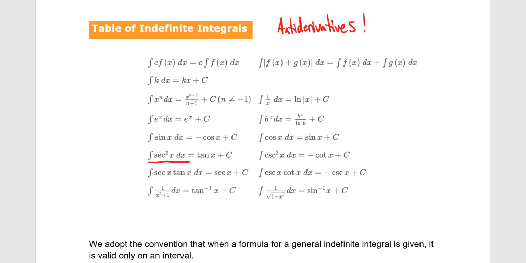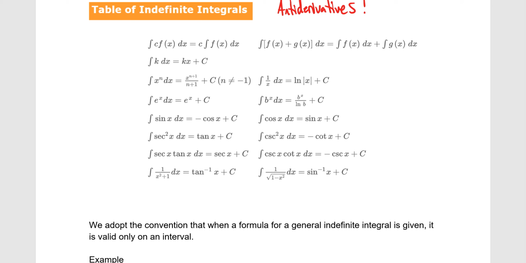The integral of secant squared is tangent, because the derivative of tangent is secant squared. The integral of cosecant squared is negative cotangent, because the derivative of positive cotangent is negative cosecant squared. The integral of secant x times tangent x is secant x. The integral of cosecant x times cotangent x is negative cosecant x.